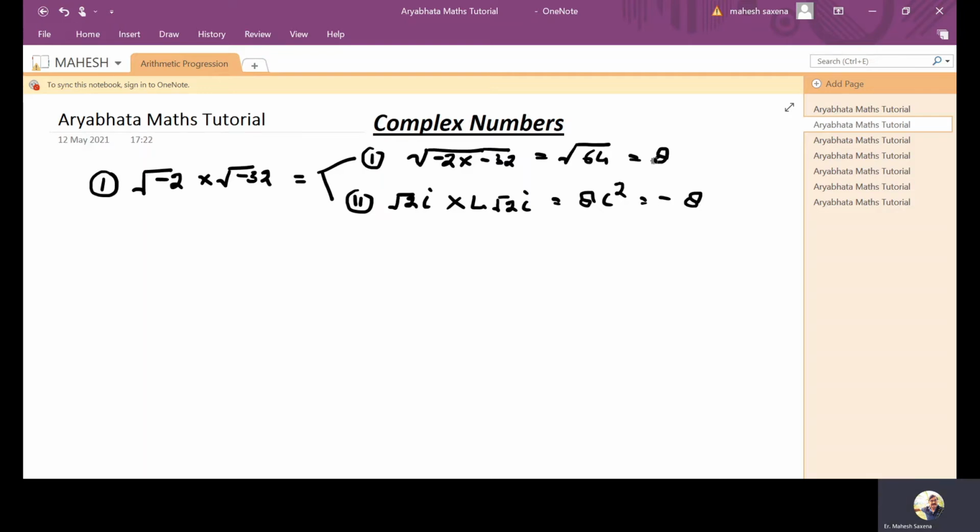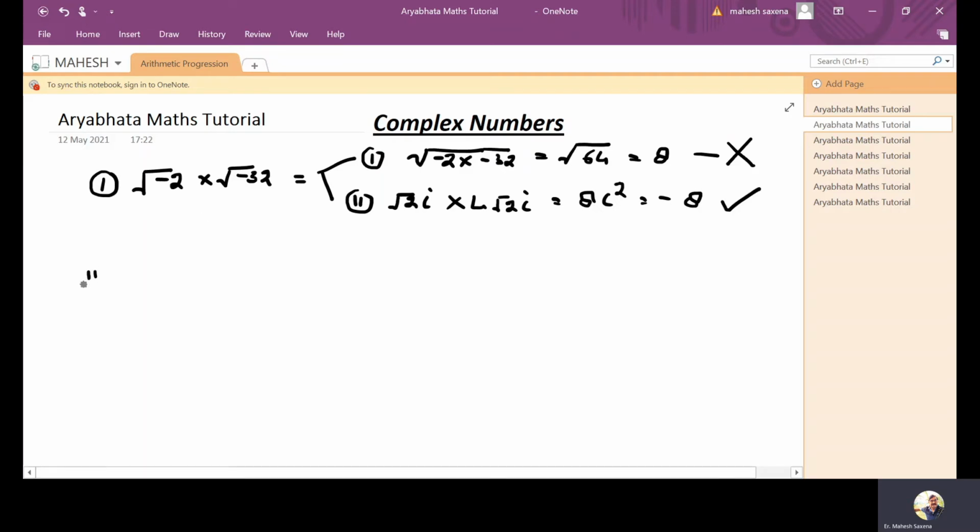Therefore, in the first method it is coming as 8, in the second method it is coming as minus 8, but the first method is wrong. This cannot be accepted. Therefore, under root minus 2 into under root minus 32 is equal to minus 8, which is the right solution.